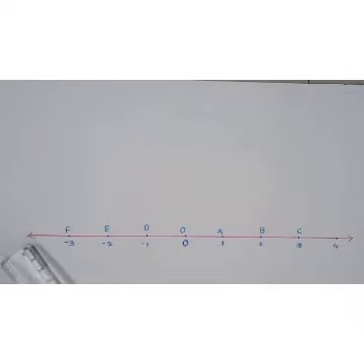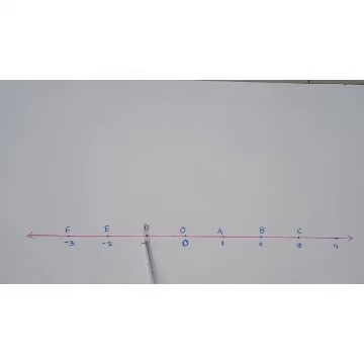Here I have drawn a number line. This point is 0, O, and the coordinate of this point is 0. On the right hand side of origin O, point A is at unit distance, and the coordinate of point A is 1.